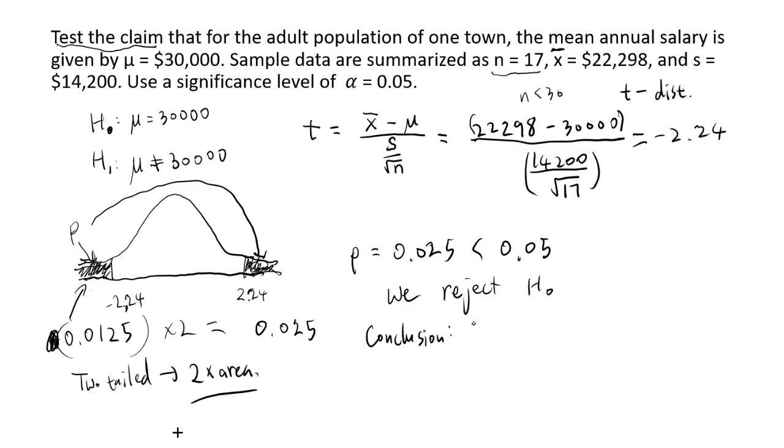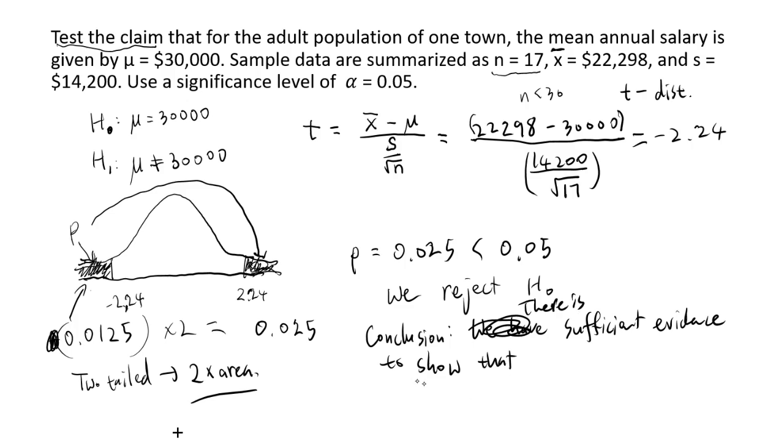So in here, there is sufficient evidence to show that the average annual salary is not 30,000.